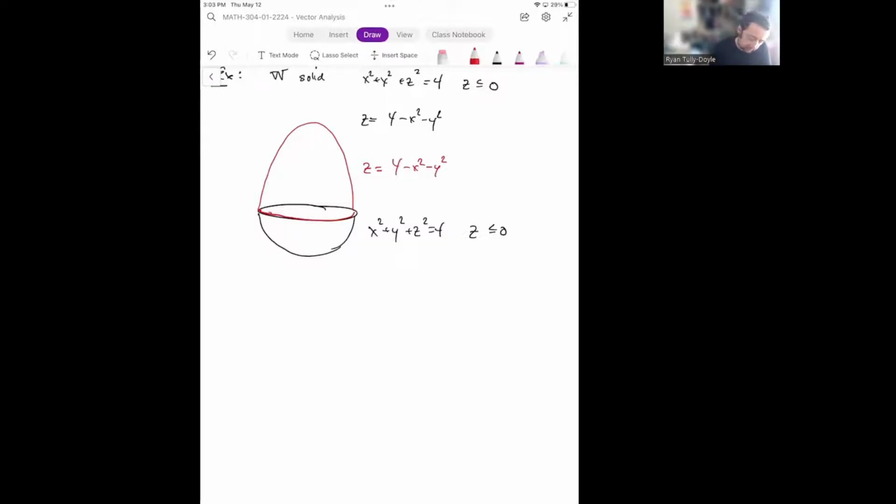So what I'm going to do is imagine that all the xy's that I have to worry about here are described by this circle that sits in the middle of that object. If you cut this in half and laid it out open, the x and y values that we're working with all lie inside this circle, which looks like x squared plus y squared is less than or equal to 4. So that boundary circle is x squared plus y squared equals 4.